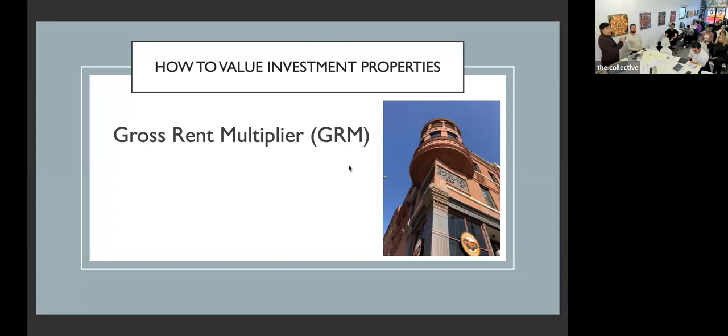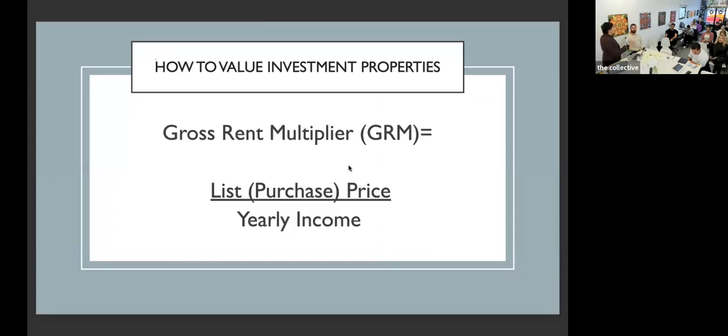So the GRM is what I call the down and dirty way of valuing an income property, okay? It's the quickest, easiest way to figure out the value and whether or not this property is worth what they're asking for, okay? And it's a very easy formula.